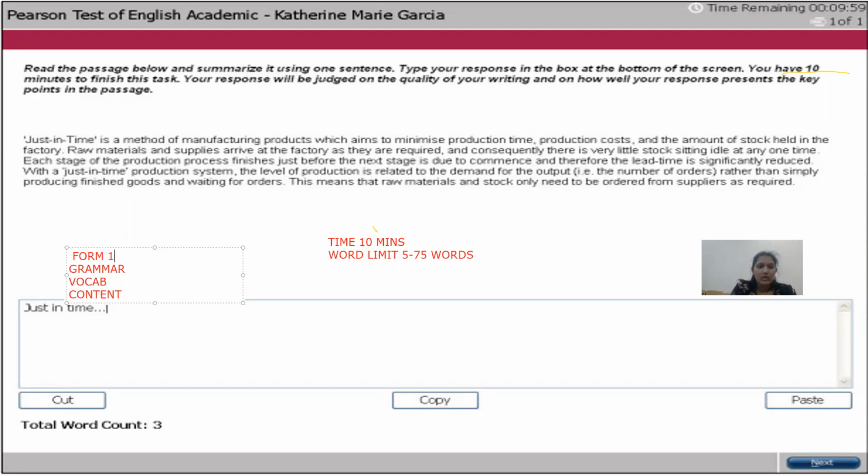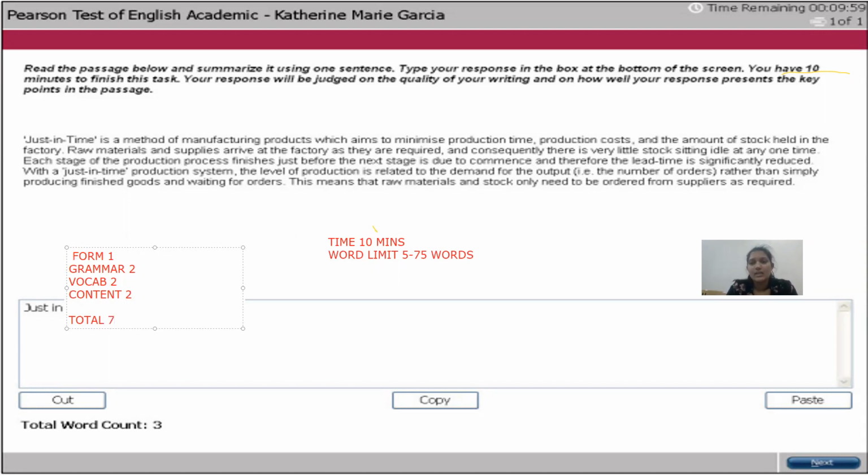So form is having 1 mark, grammar is having 2 marks, vocabulary is also having 2 marks, and content is having total 7 marks per question. And ideally you can get 7 out of 7.